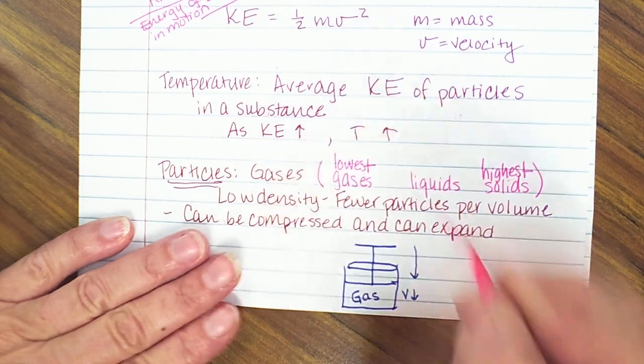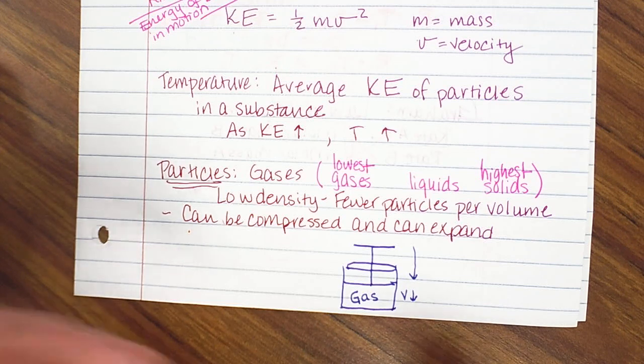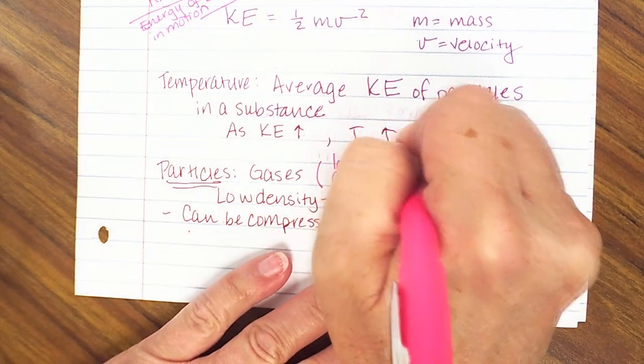And that's because, as we said, solids have larger particles and gases have really, really tiny particles that are super far apart, whereas solids have larger particles that are right next to each other. So their density is much higher.